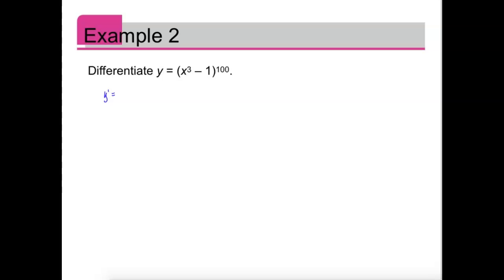Okay, so first identify the outside function and the inside function. The outside function in this case is going to be your x to the power of 100, right? So derivative of the outside would be 100 times something to the 99th.